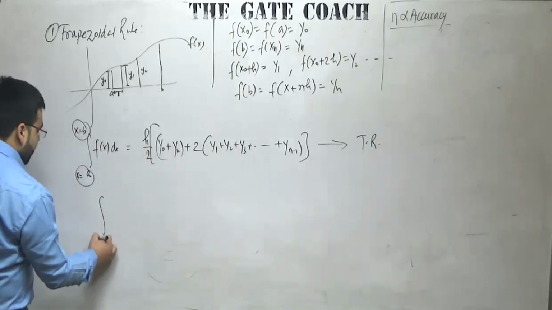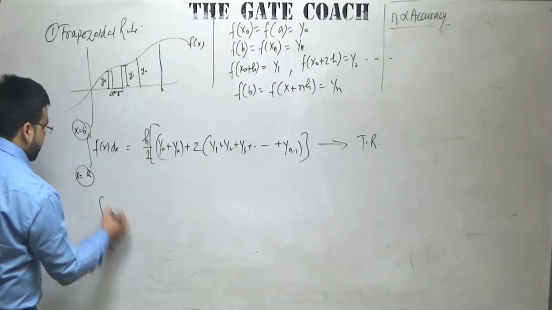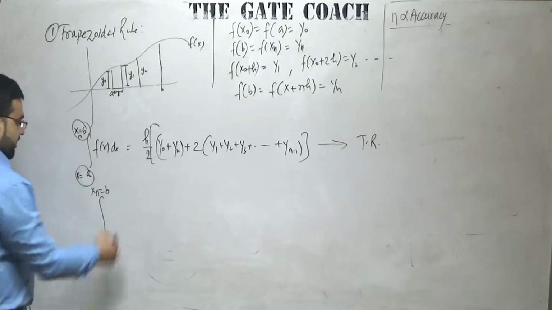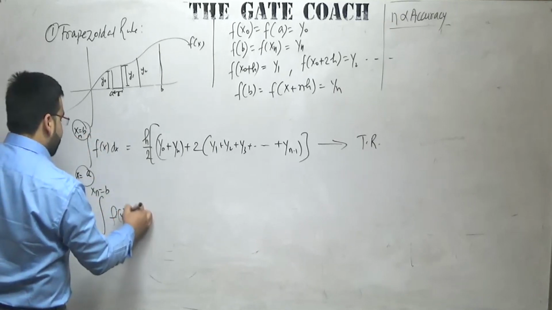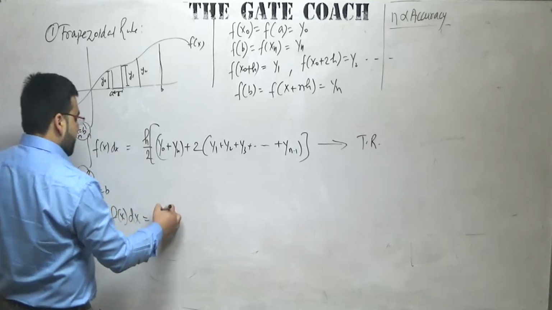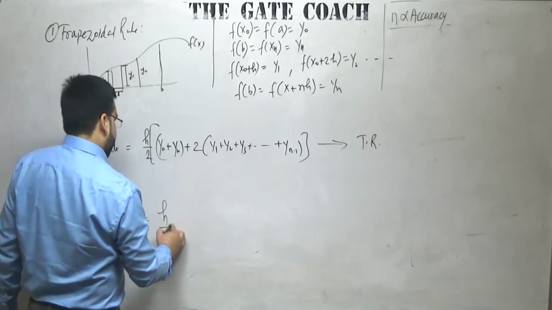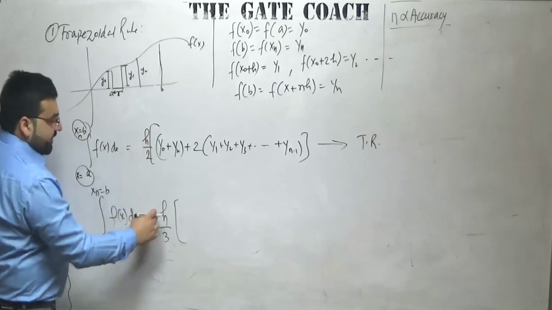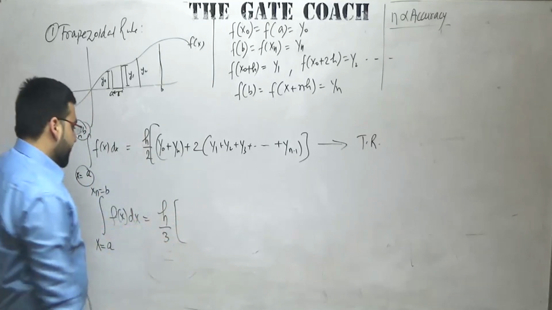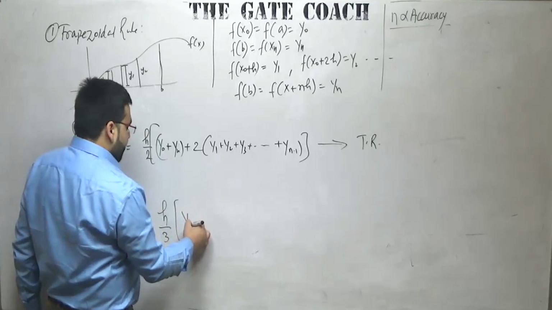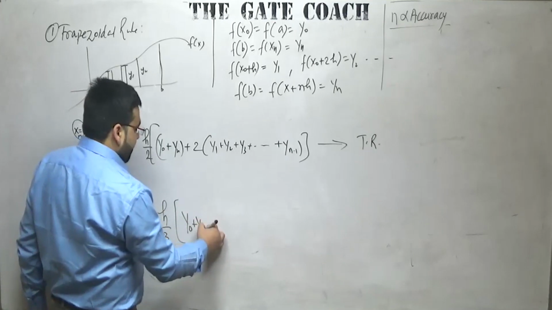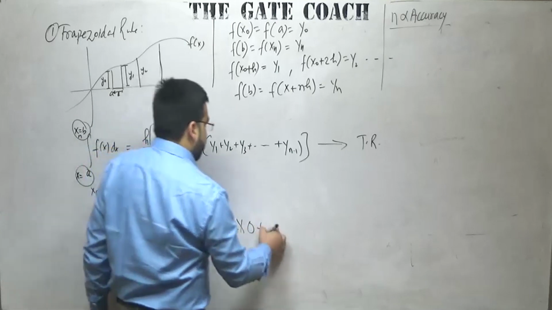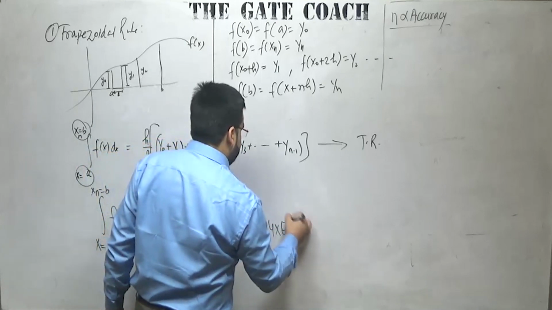Integration from x equal to a to xn equal to b of f(x) dx is equal to 1/3 h by 3. This 1/3 depends on the rule; for 3/8 it will be 3h by 8. Again the same thing: y0 plus yn plus 2 times the odd terms plus 4 times the even terms.